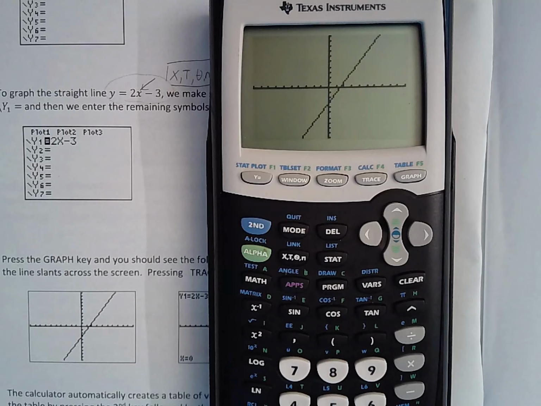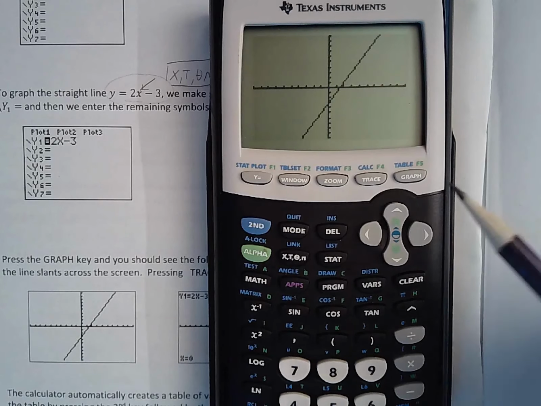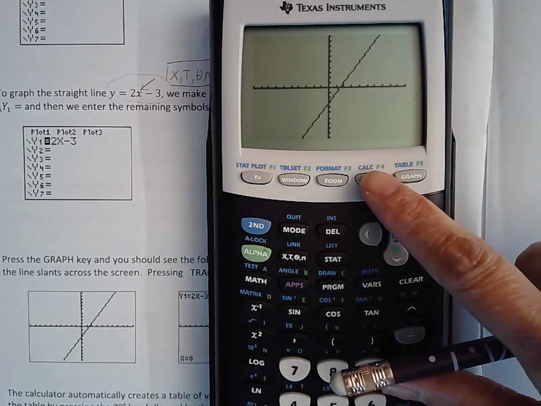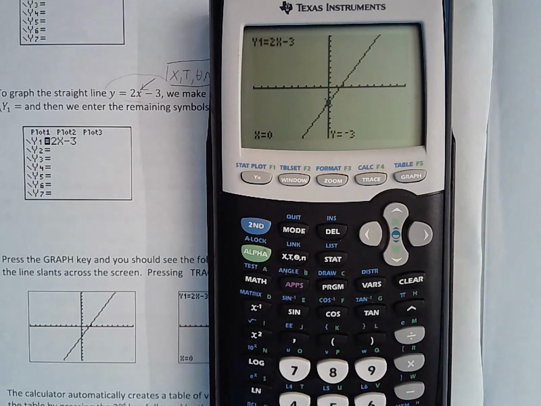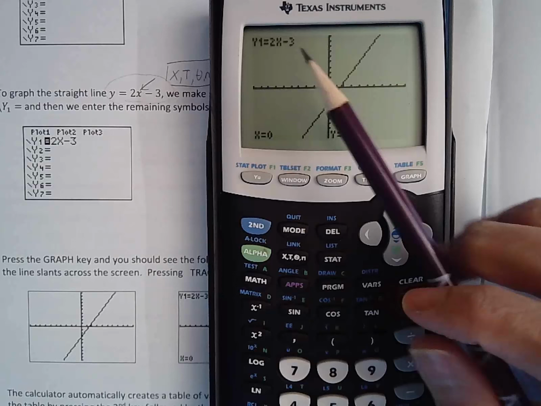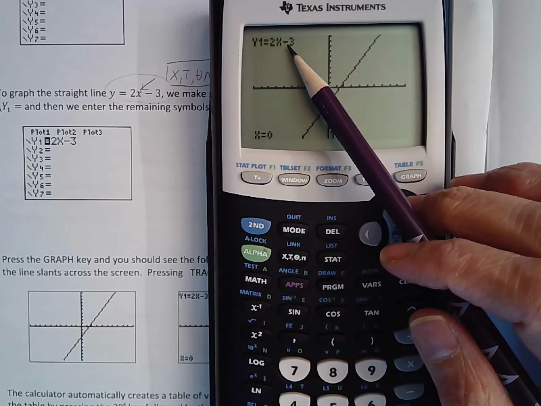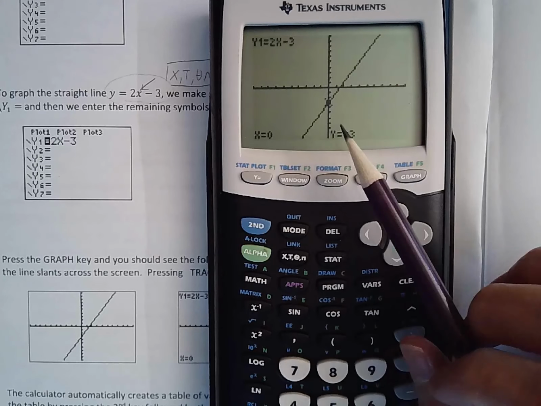Okay, here's what we're gonna do. Can you please press trace? It's up here. Once I press trace, it gives you your equation up there, and then you got some points at the bottom.